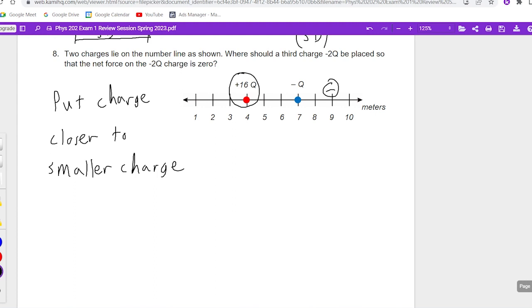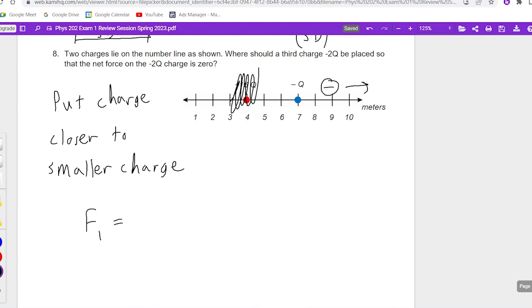Now the question is just where does it go exactly on our number line? And to do that, we just need to once again use superposition with these charges. Let's cover up the 16Q charge and only focus on the 2 negative charges right now. Yes, they will repel each other. So the force, I'll call it force 1.